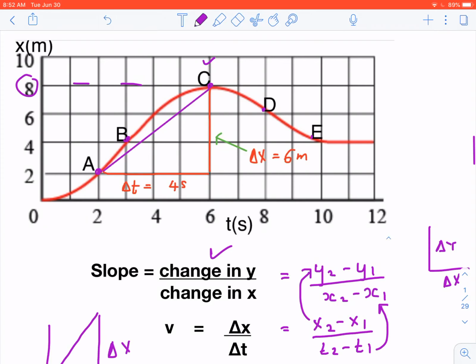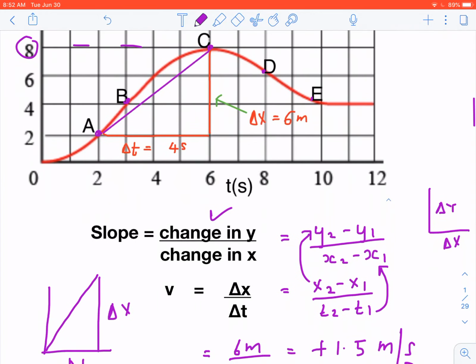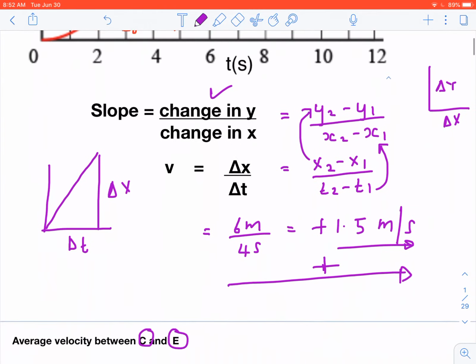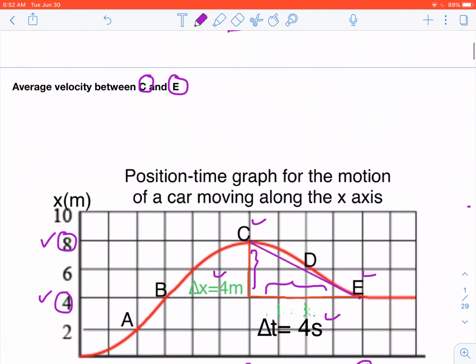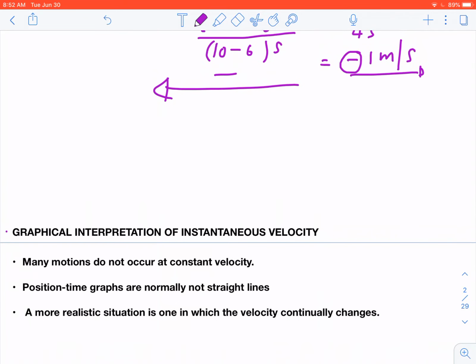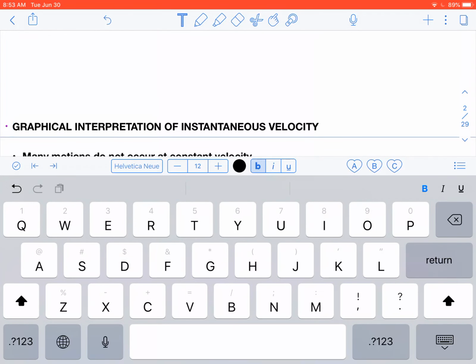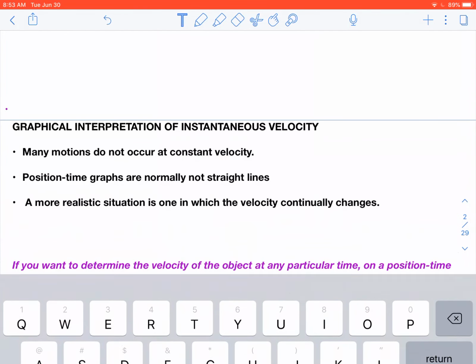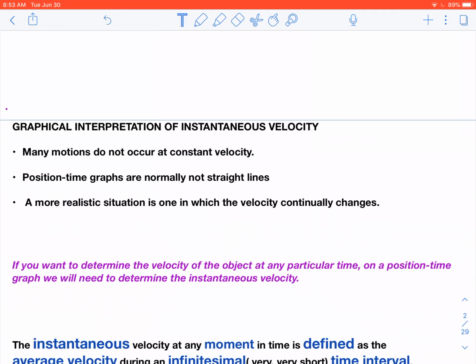So then we need to determine the velocity at a particular instant. And when we want to do that, we need to look at another concept which we call instantaneous velocity.